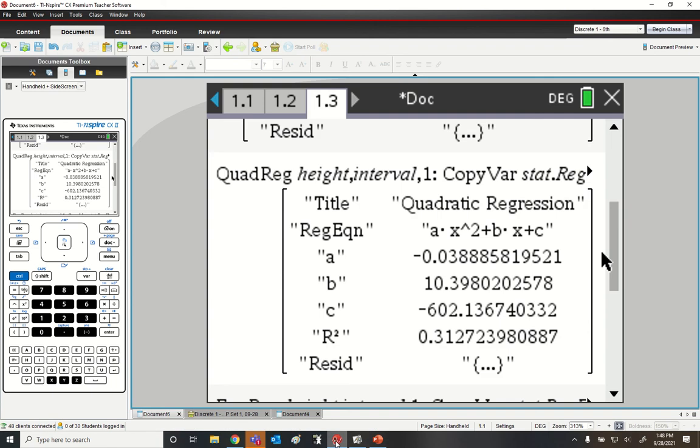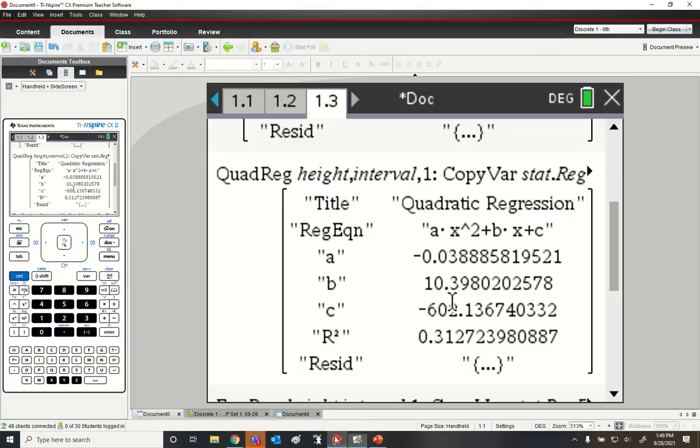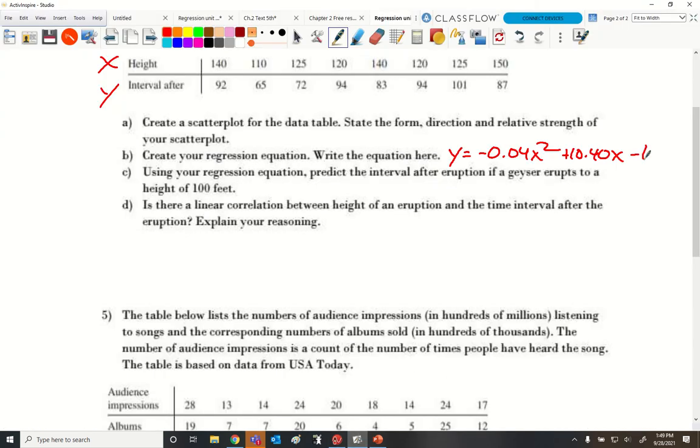And then it's going to be b, which is going to be plus 10.40x. And my c value is plus c, which is negative 602.14. So I'm going to write minus 602.14. So I have my equation there.